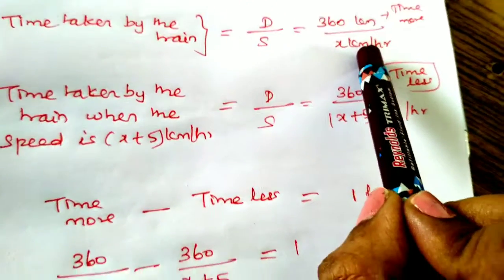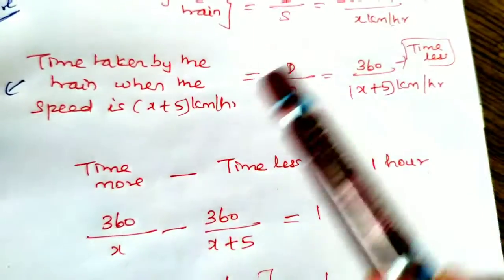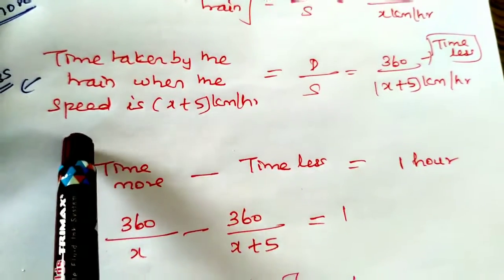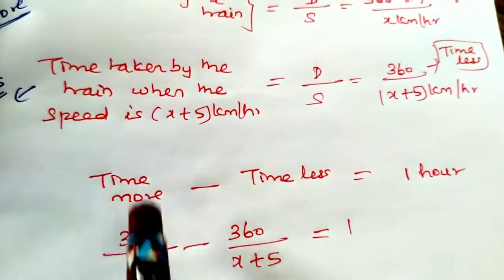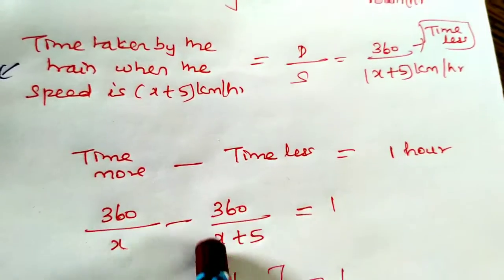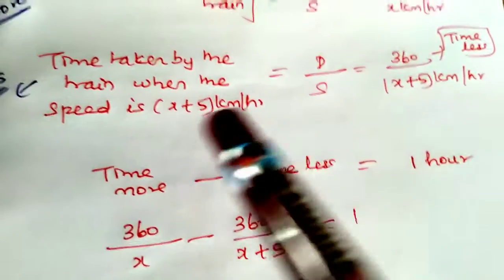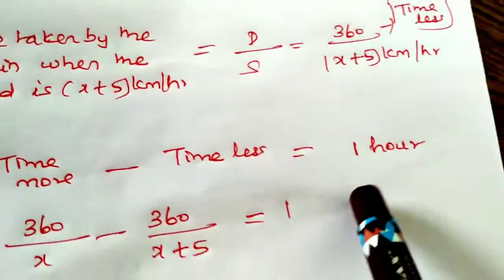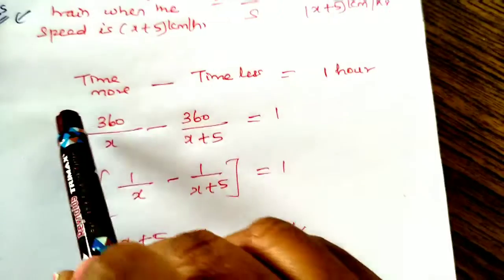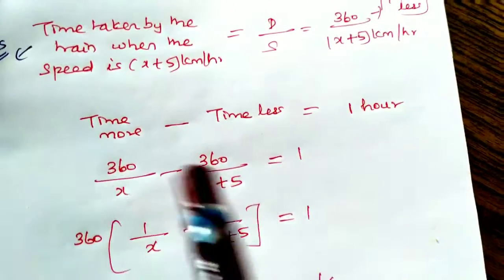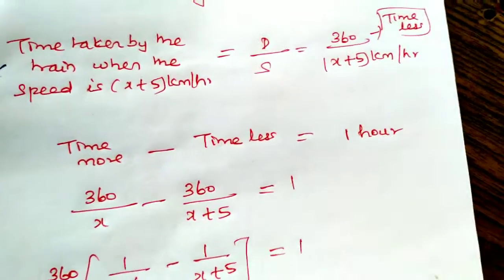Now, you can frame a quadratic equation in this way. Always write the time more fraction in the first place and the time less fraction in the second place. The difference between these two is equal to the given timing, 1 hour. If you frame the equation in this way, you can avoid a negative sign.